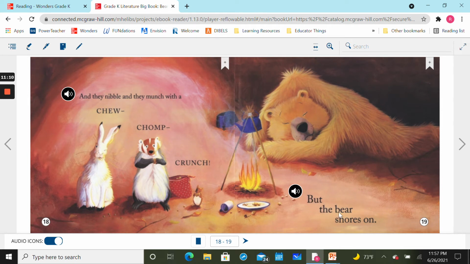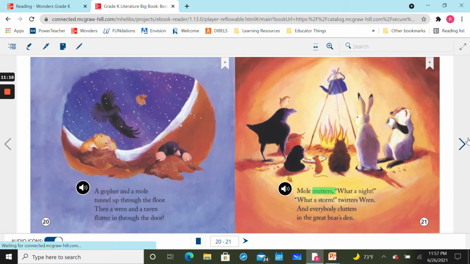But the bear snores on. A gopher and a mole tunnel up through the floor. Then a wren and a raven flutter in through the door. Mole mutters, "What a night! What a storm!" twitters wren, and everybody clutters in the great bear's den.